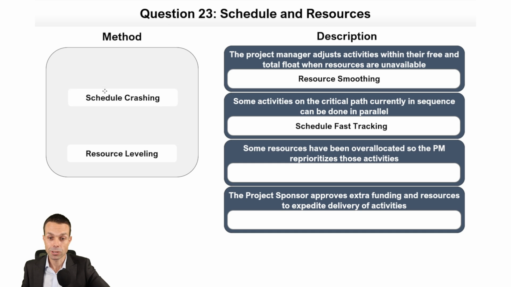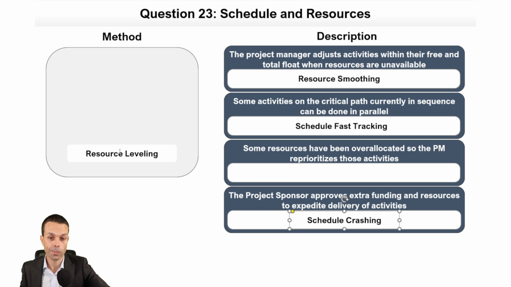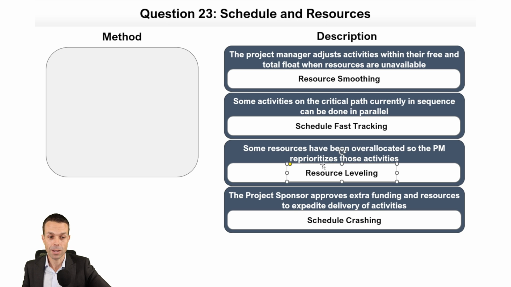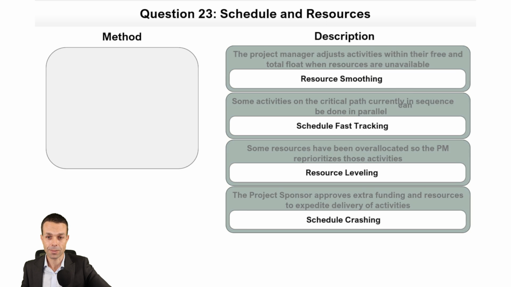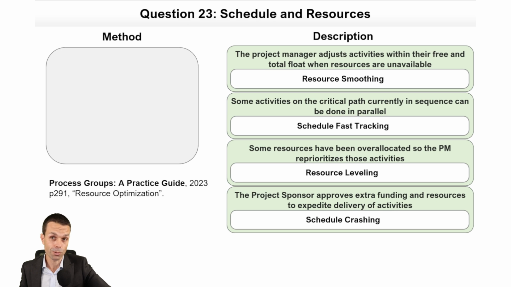The project sponsor approves extra funding when we're throwing money and resources to expedite the delivery of our activities. And then, like we said before, leveling out is when resources have been over allocated to the same time frame. We need to level them out or level out the activities. So let's make sure and check that we've got these all correct. Okay, thank goodness. Those were pretty tricky.